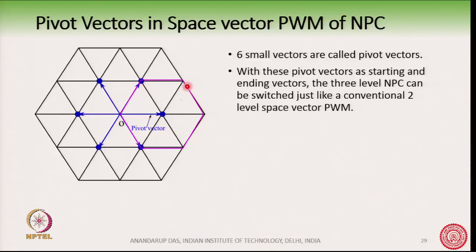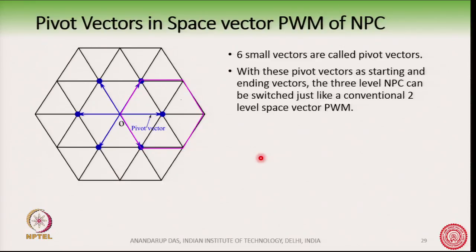For example, I have shown a pink colored hexagon here with the center of it as this pivot vector of a 3-level space vector diagram. There are 6 pivot vectors of the 3-level space vector diagram, out of which I have taken one as the pivot vector and I am drawing a hexagon over it.